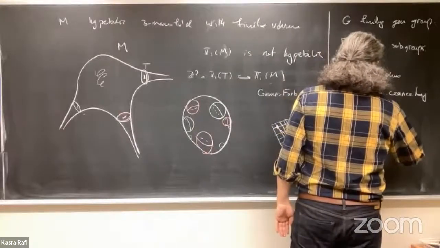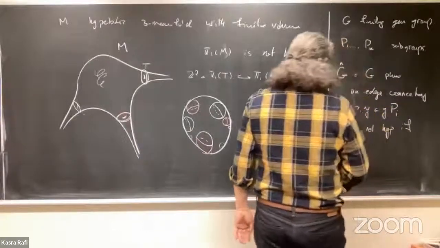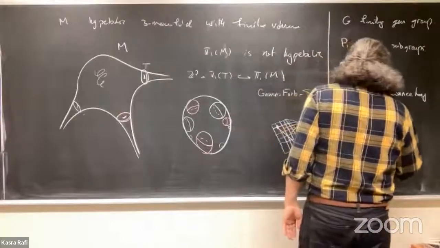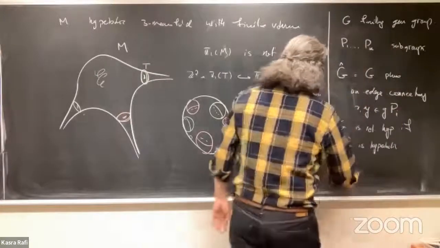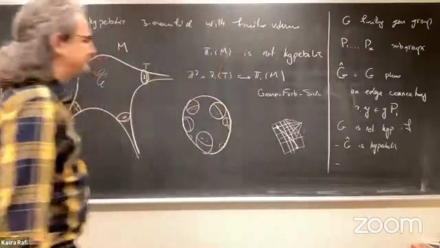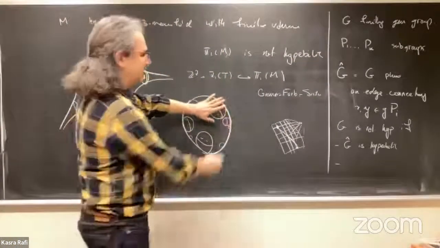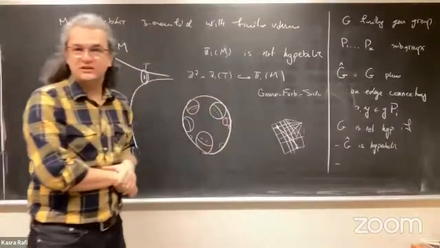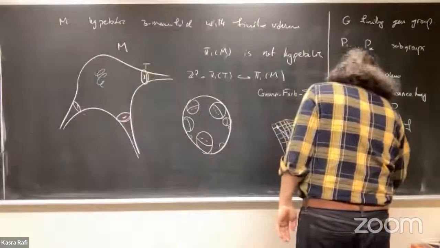relatively hyperbolic if two conditions hold, which means G hat is hyperbolic, and the conjugates of these Pis are not so close to each other, right? I'm going to write this vaguely.